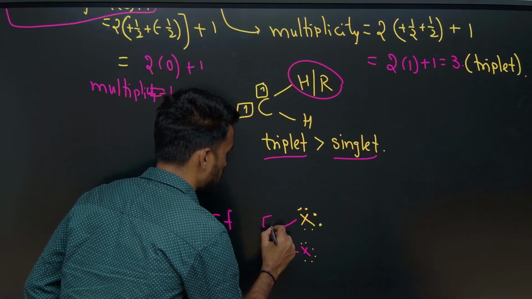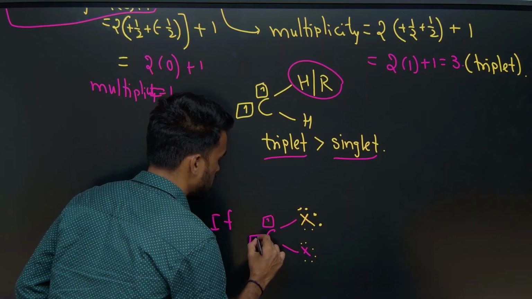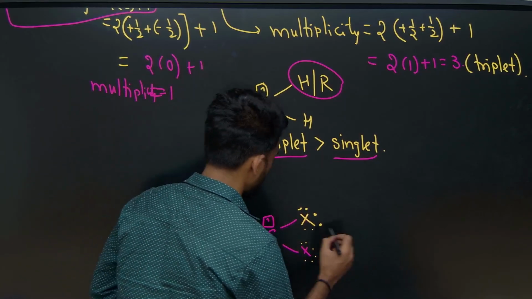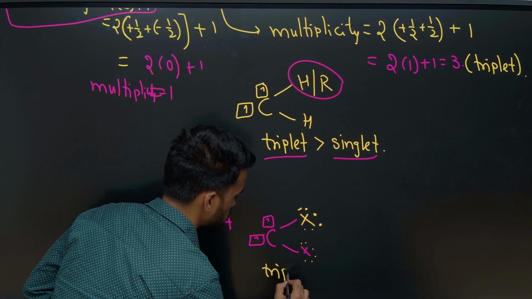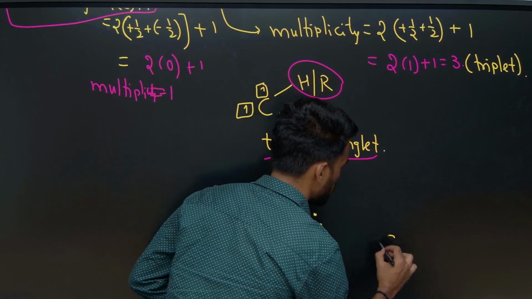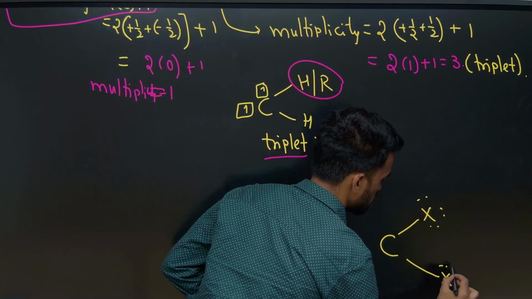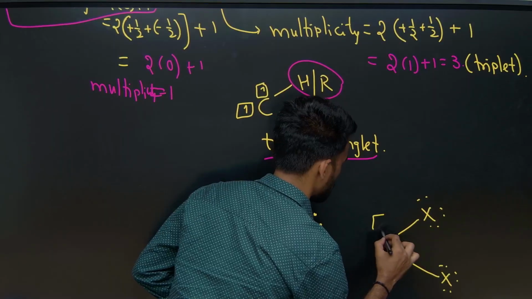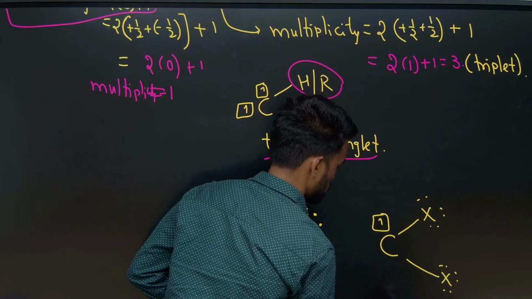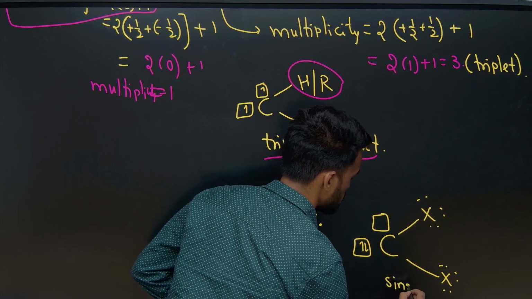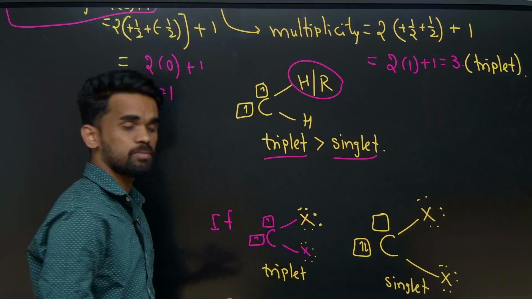If I keep one electron over here and the other one here, this is triplet. And one more, this is singlet, right? Out of these two, which is more stable if someone asks you?